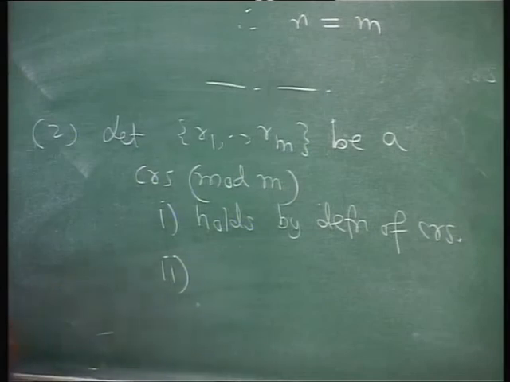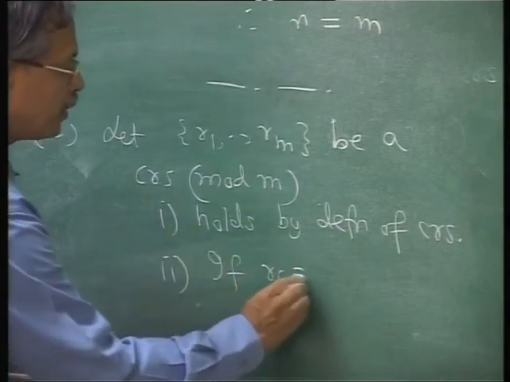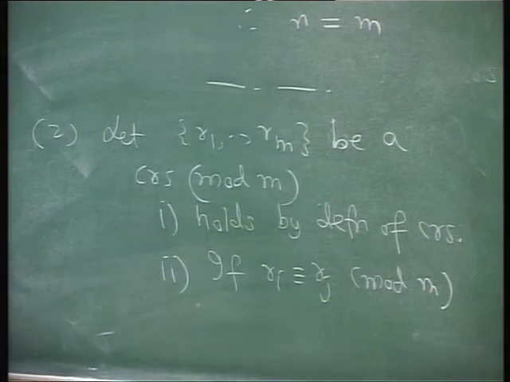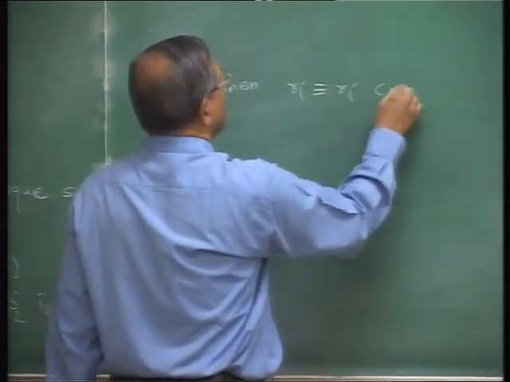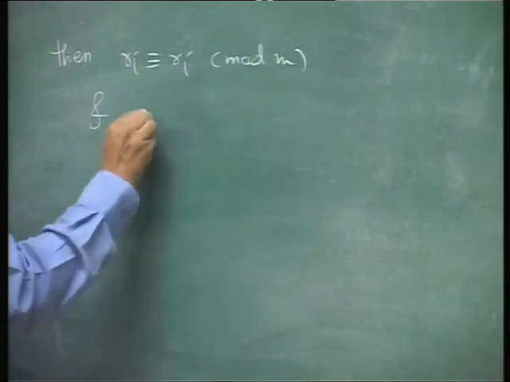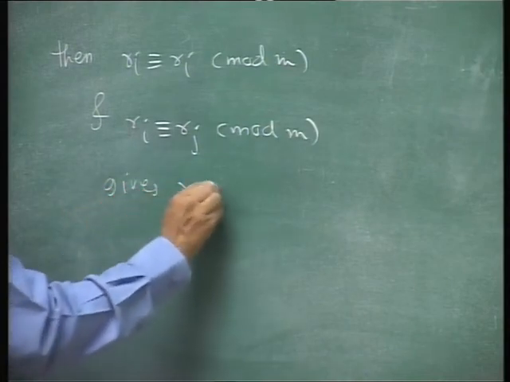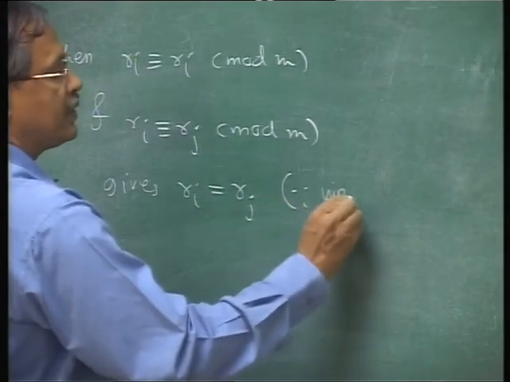So, second part, if they are congruent, actually we have done it in the first part, if Ri is congruent to Rj mod m, then Ri congruent to Ri mod m and Ri congruent to Rj mod m gives Ri equal to Rj, since we have a CRS.